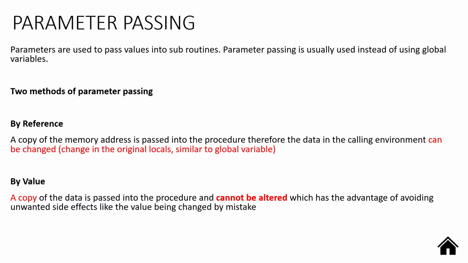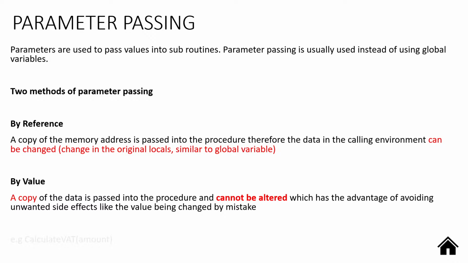The default way of doing it now is to pass by value. That creates a copy. It doesn't pass the memory address, it just takes the copy and passes that. Then you can use it for whatever you need to: display it, or use it for different arithmetic calculations, and then it gets destroyed. So it's a copy. You can't edit it in its original location, so it's much safer, and that's why we tend to use by value.